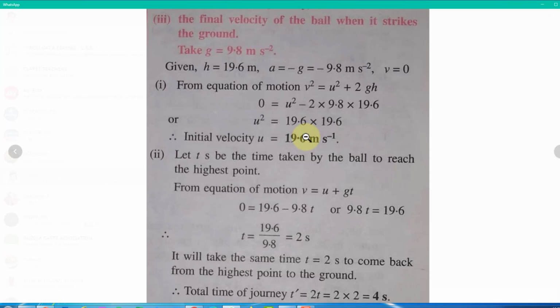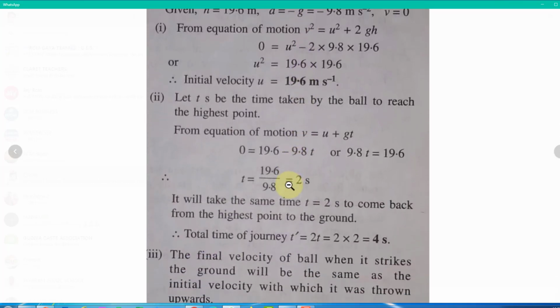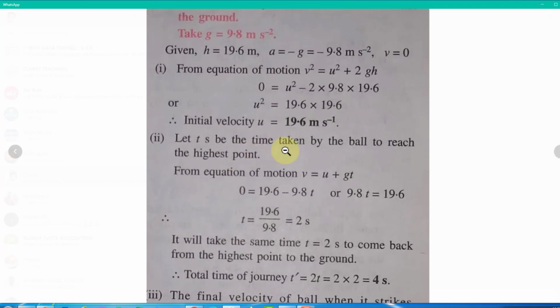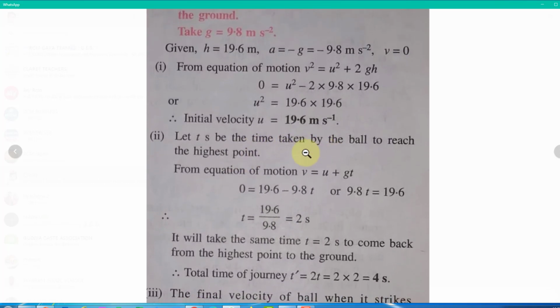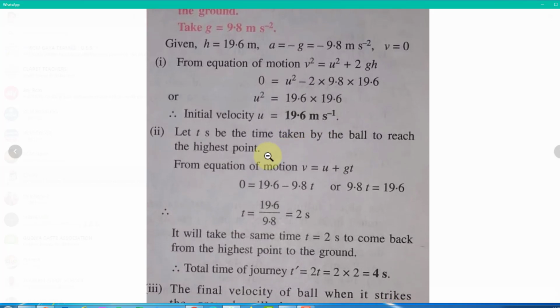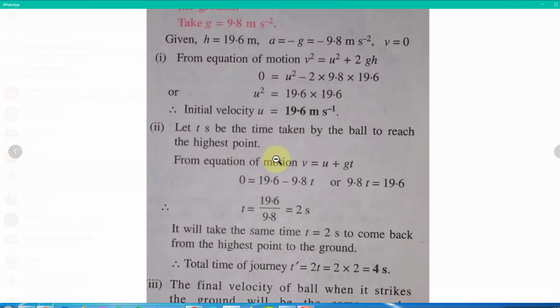Now next, second question: total time of journey. Let t second be the time taken by the ball to reach the highest point. When you throw the body up, it takes t seconds to reach the highest point, height 19.6 meter.